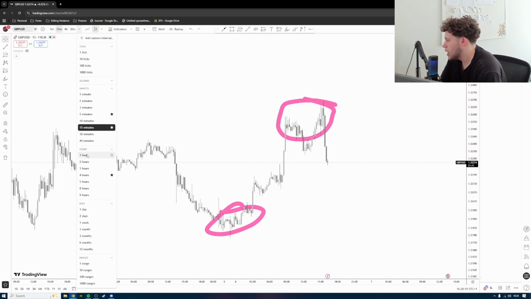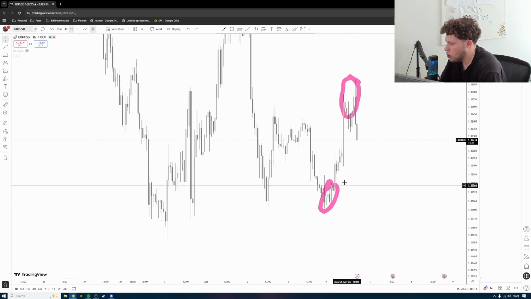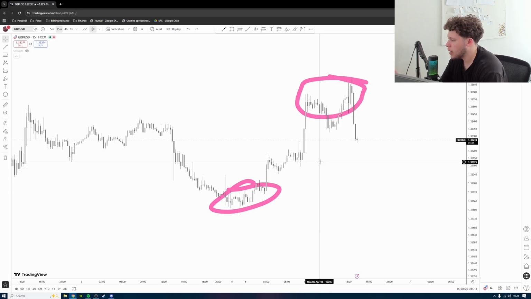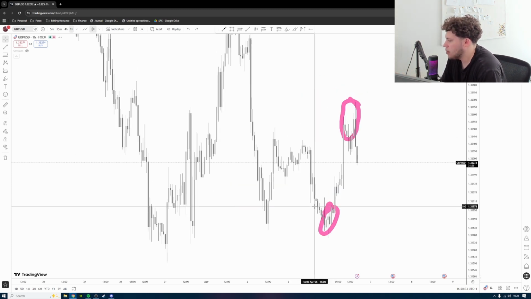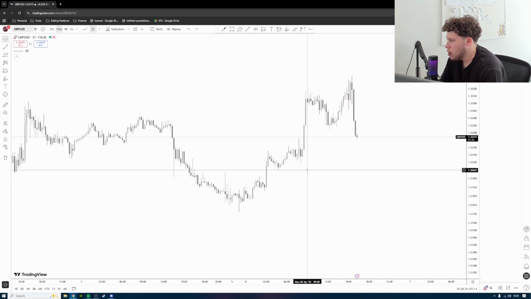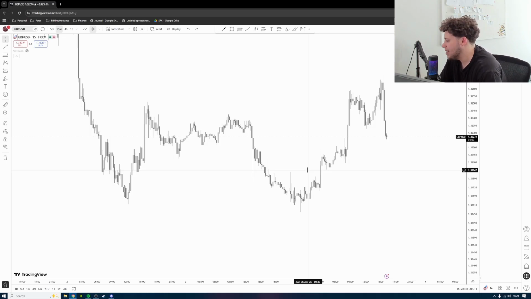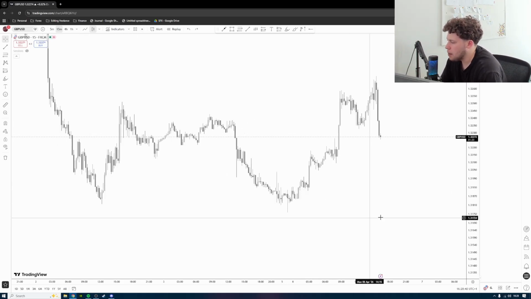If you go to say the hour, it becomes a lot harder to get entries. So with the 15-minute, you can see a lot more candles, right? You can see 4 candles within 1 hourly candle, or you can see 2 in 1 30-minute. So not only does it give you that overall view, but it also gives you the ease to scale down a bit and get better entries.